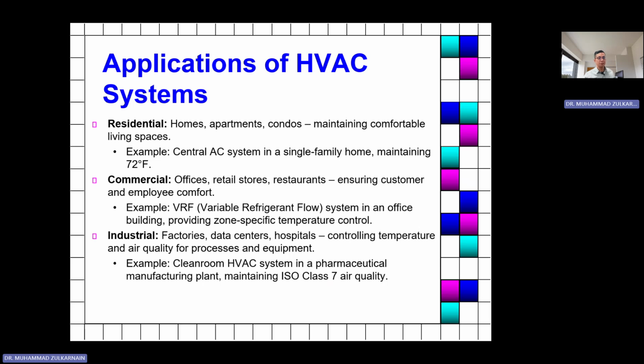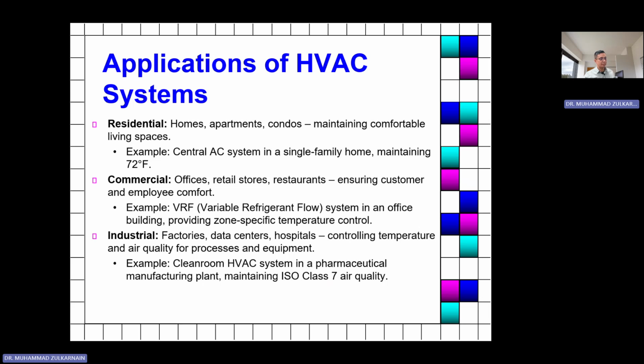So you need to consider what I mentioned before, like the human comfort and the air quality itself. And then commercial, like offices, retail stores, restaurants, ensuring customer and employee comfort.